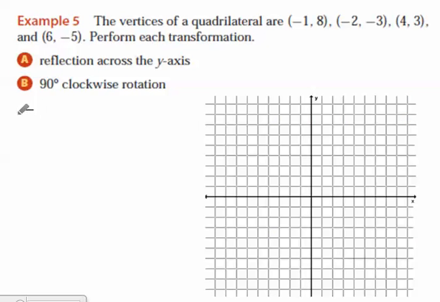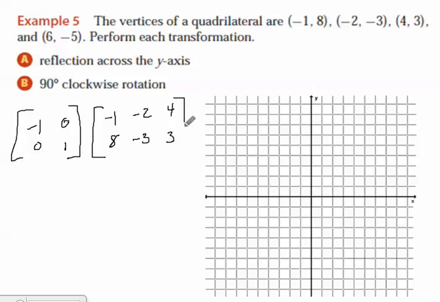And our points that we're doing are -1, 8, -2, -3, 4, 3. Okay? And we're going to multiply these. What are we going to get? We're going to get a 1, 8. We're going to get a 2, -3. Oh, wait a second.